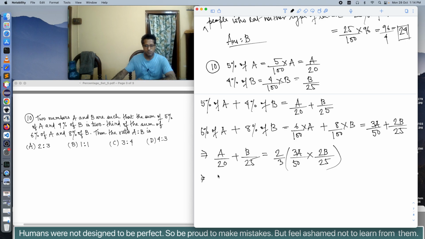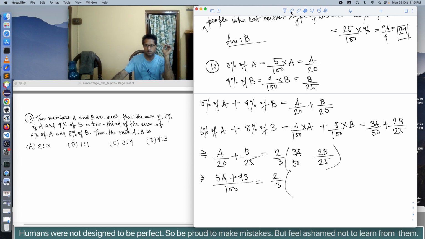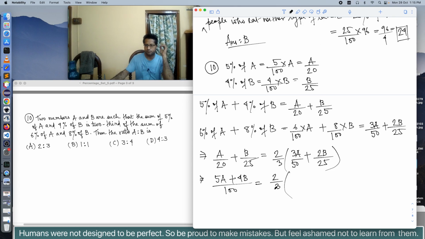If we simplify A by 20 plus B by 25, just as you add rational numbers, we have 5A plus 4B by 100 is equal to 2/3 of, sorry, this will not be multiplication but addition, 3A by 50 plus 2B by 25.